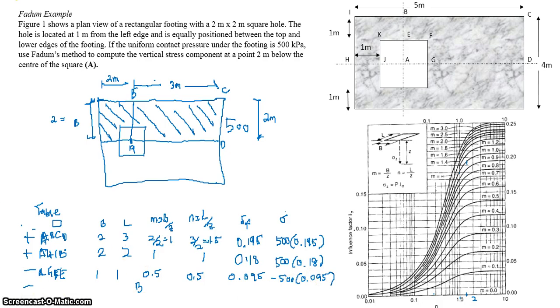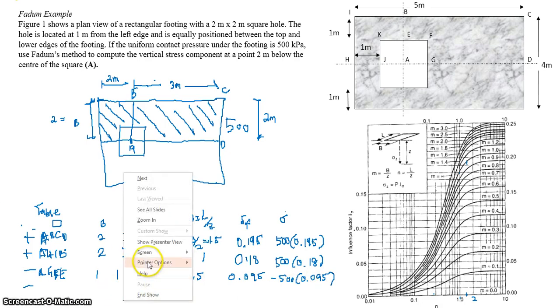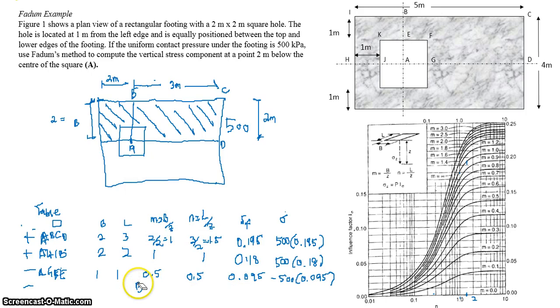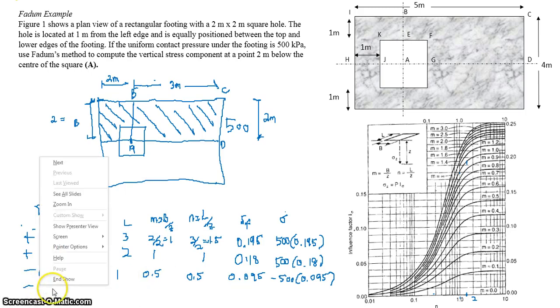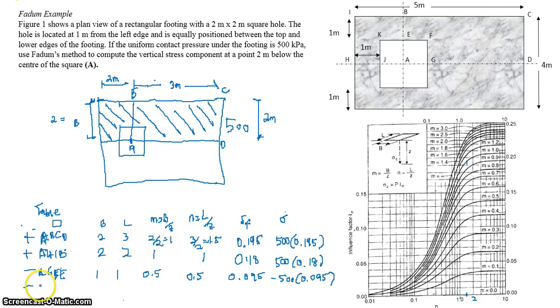Similarly for the next one, let's say it is for B, similarly this is A, J, K, E, and 1 meter, also 0.5. Similarly, 0.5 and 0.095. So similar.